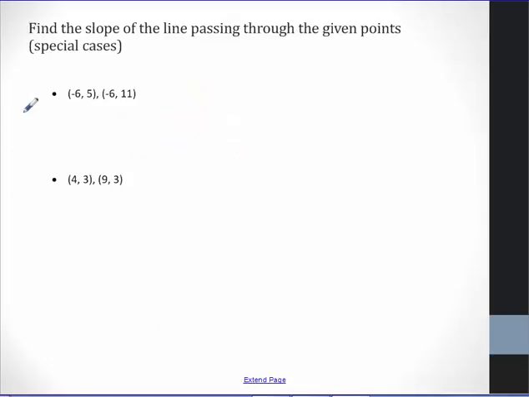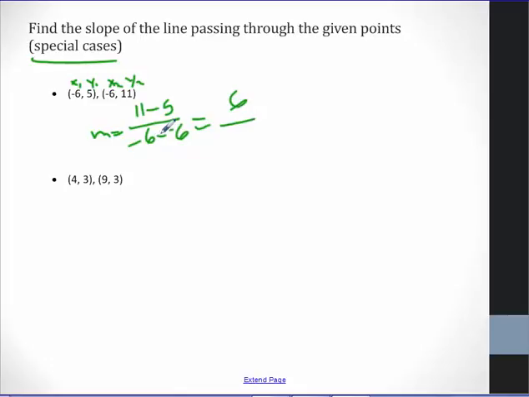Let's look at these two, and I've already given you a hint that it's a special case. Same thing, x1, y1, x2, y2. My slope is y2 minus y1 over x2 minus x1. 11 minus 5 is 6. Negative 6 minus a negative, so plus 6, is 0.